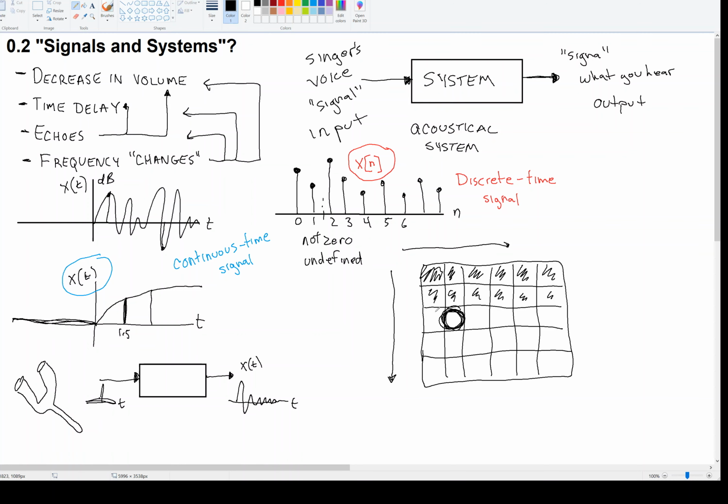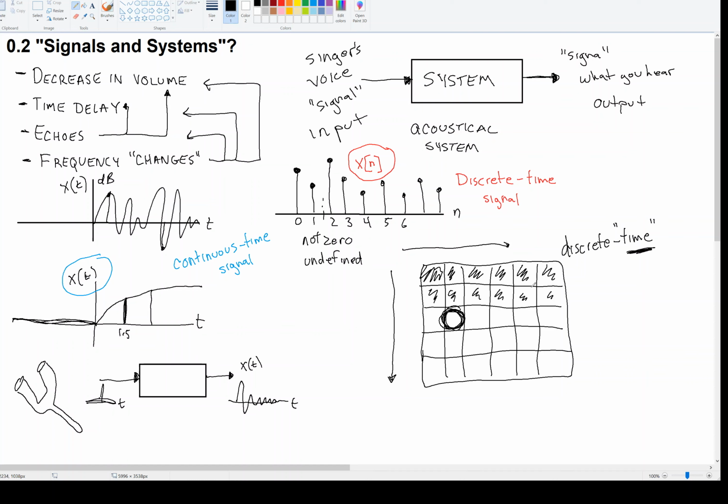And not only is this a two-dimensional discrete signal, but the independent variables here are not time, they're space. So we go horizontally and we go vertically. Still, we would just call this a discrete time signal. Almost always the signals are time, and so time is just kind of a catch-all, it turns out.